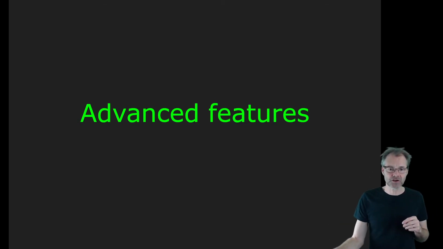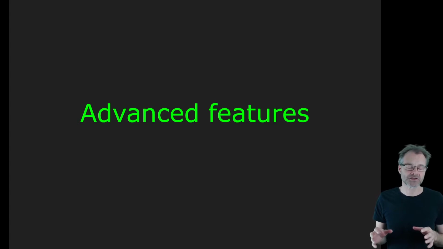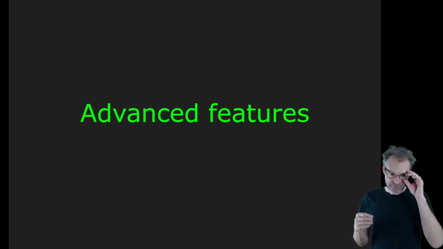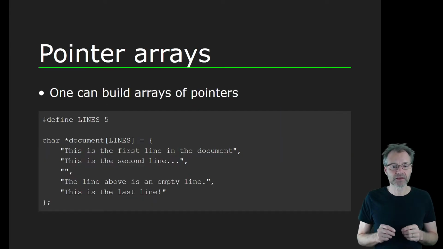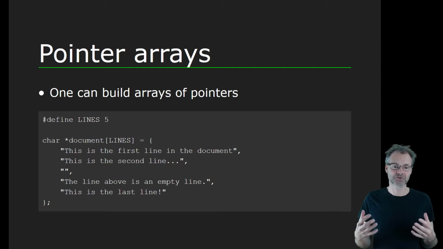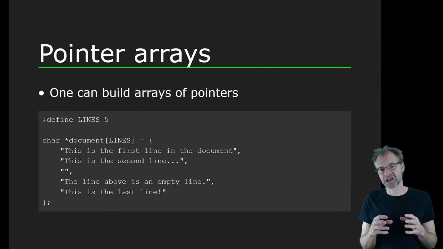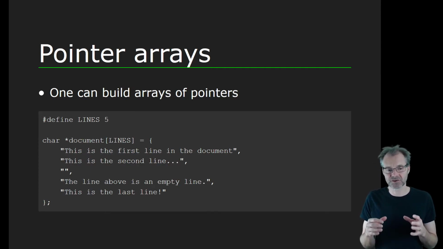But let's move on to check out some of the advanced features of pointers. Yes, so we are aware of them. We can build arrays of pointers, so combine an array with a pointer: an array of pointers. In this example, I'm trying to build a sort of storage area for a text editor where I save my document line by line.